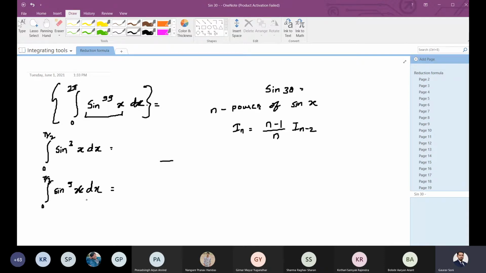You want to find sine raised to 9x, so I9 is equal to 8 upon 9 I7.